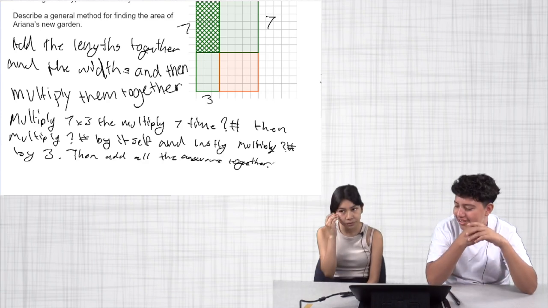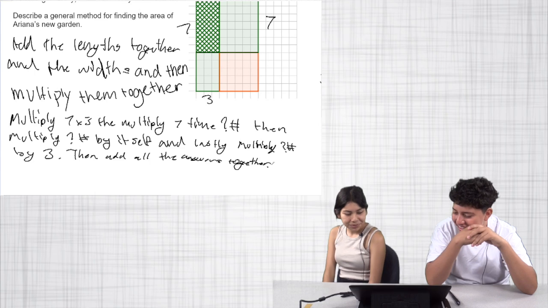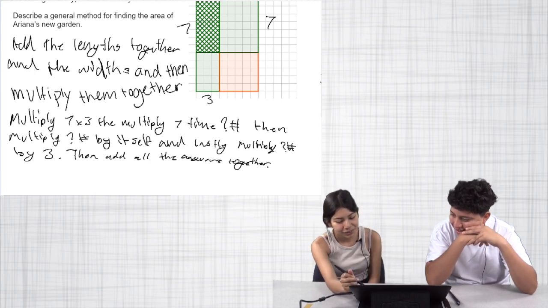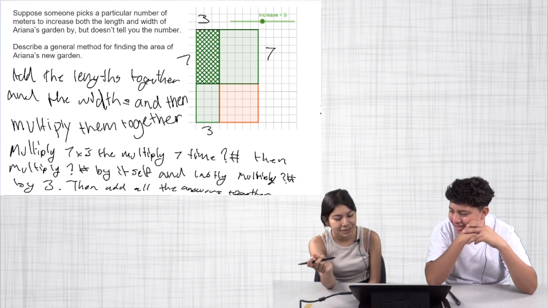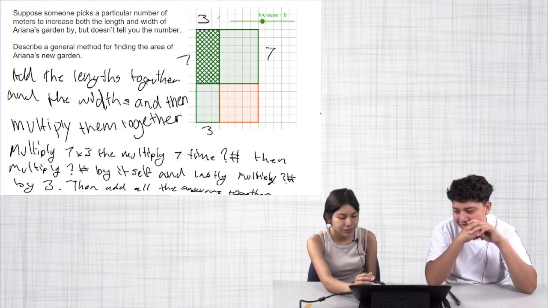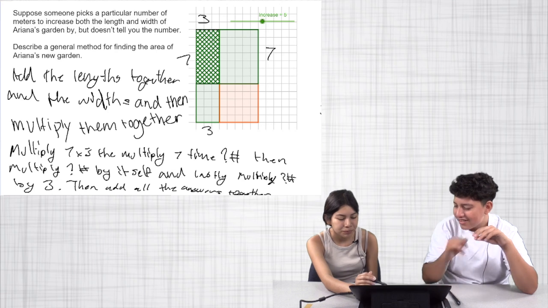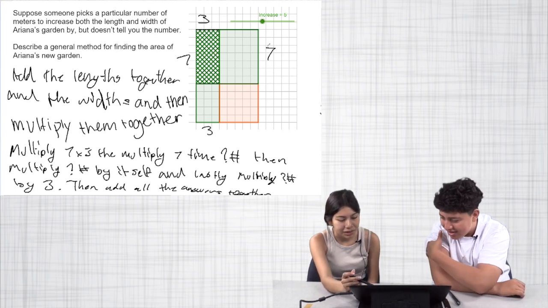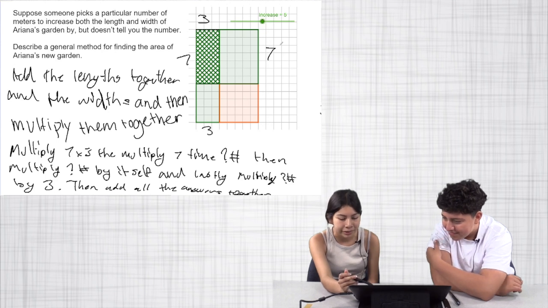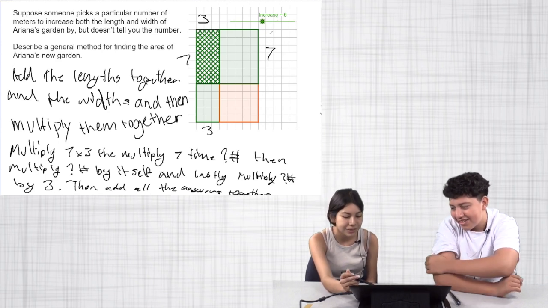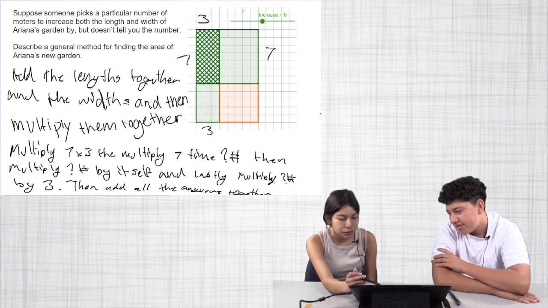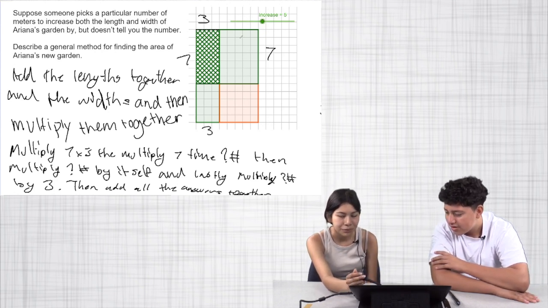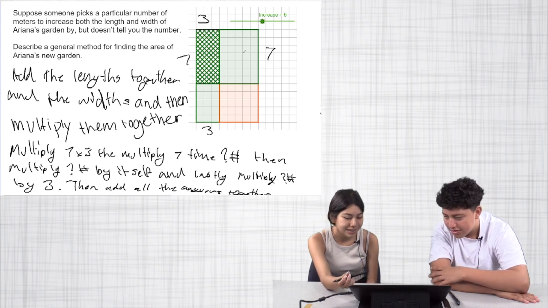Can you take me through it and then see if you need to make any changes? Okay. So first you do 7 times 3 because that's what you know, and you get the area of that. And then after that you do 7, because 7's a length we know, and you multiply it by whatever the width you're adding, and then find that area, that square.